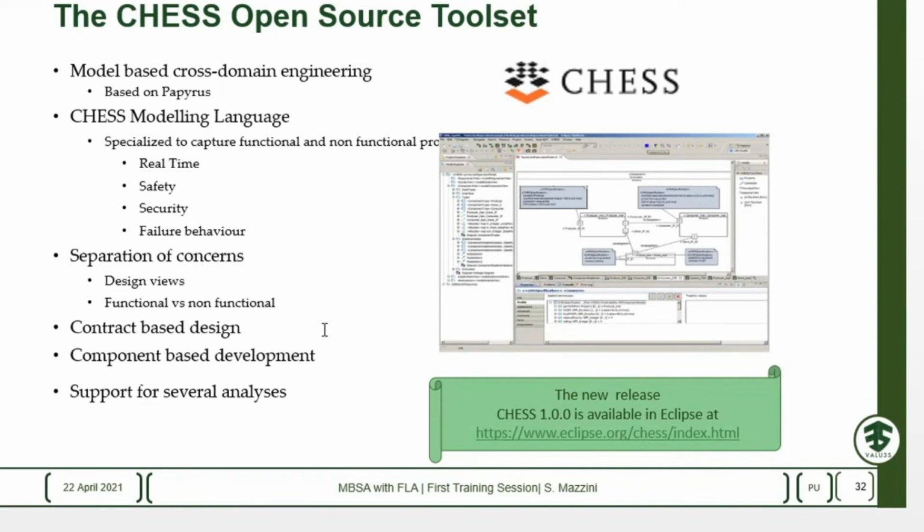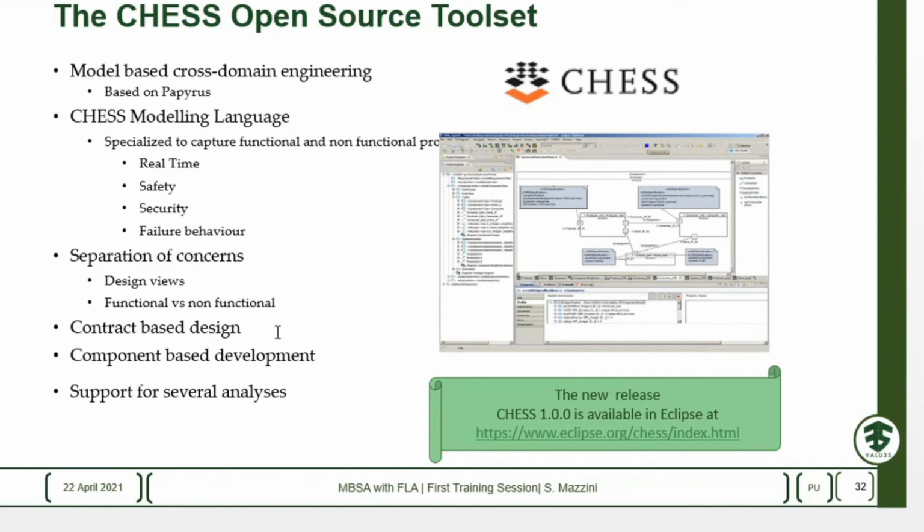It supports a modeling language that is specialized to capture functional and non-functional properties, real-time, safety, security, failure behavior, and it is based on separation of concern principles because it supports several design views, functional and non-functional. It is specialized for contract-based design.